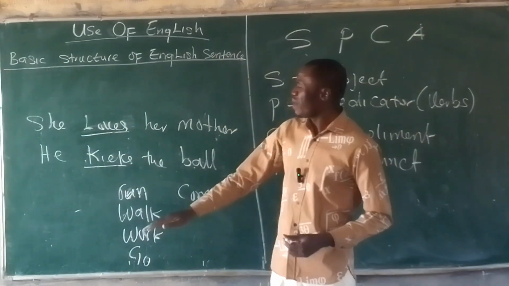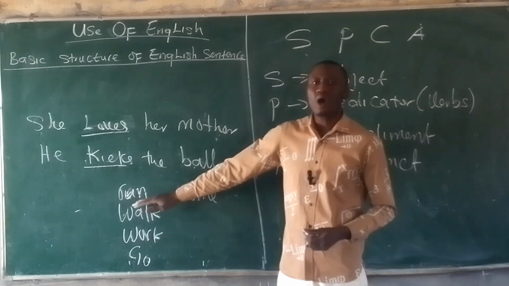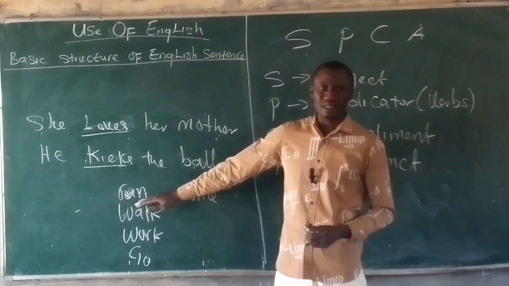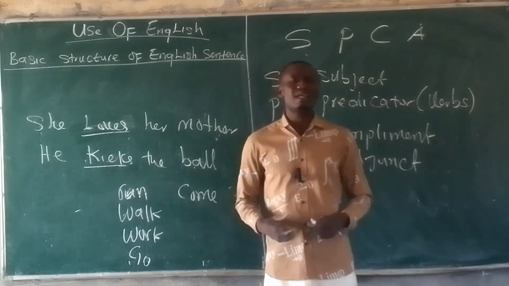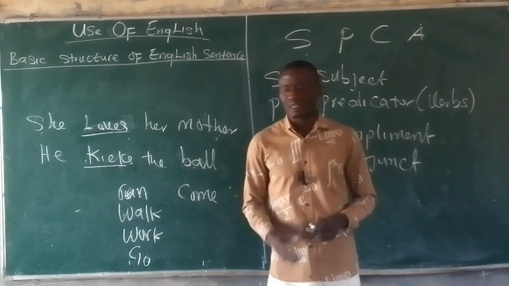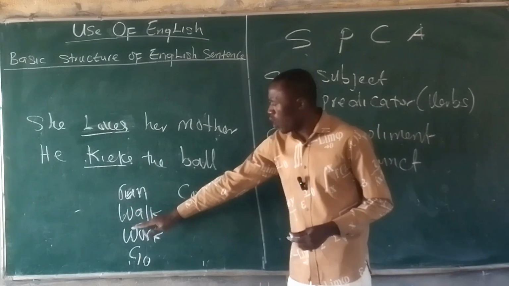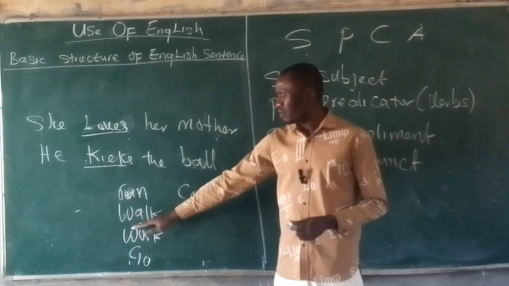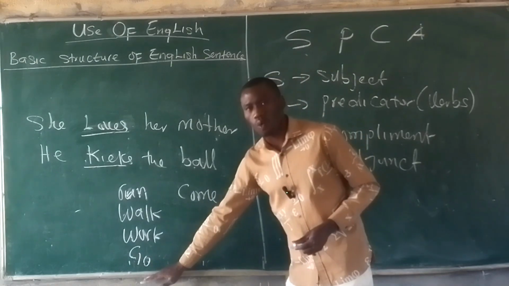You see, we can make a complete sense with these words. Run. That makes a complete sense. You see, the verb or the predicator has the ability to stand alone and also make a complete sense. Run. That is an imperative. Walk. That is an imperative and it makes a complete sense. Walk. Go.